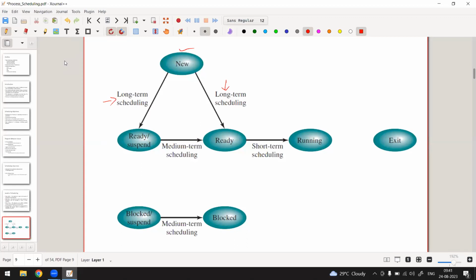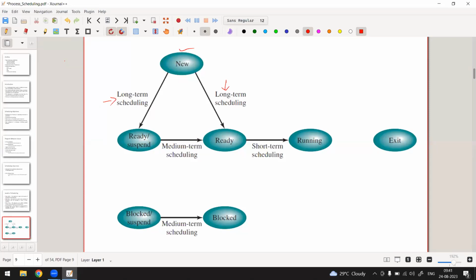You have to just remember that when the process is created for the first time, the long-term scheduler will come into the picture, and it will put your process into the ready suspended or ready state.